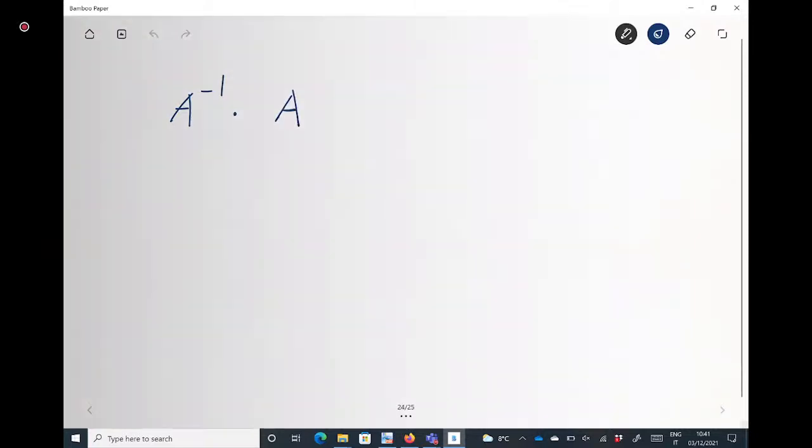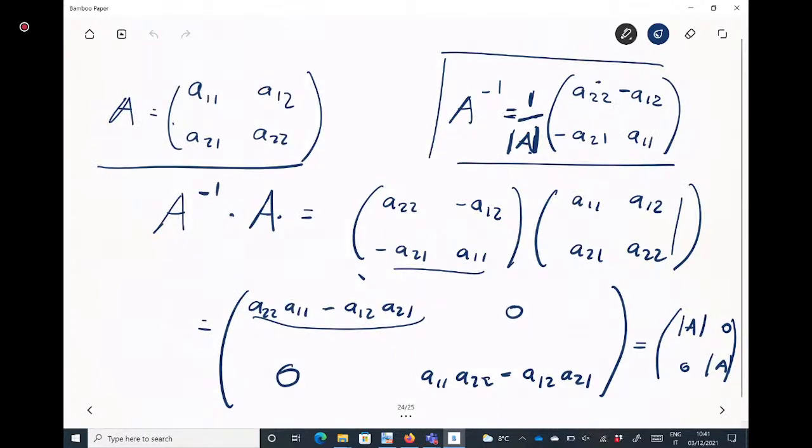So we have learned that this product is equal to this one. This matrix here is A minus 1 times the determinant of A, okay?